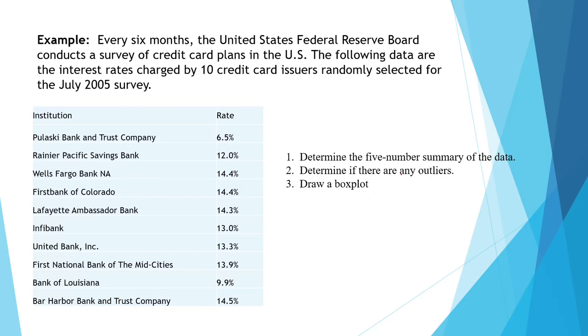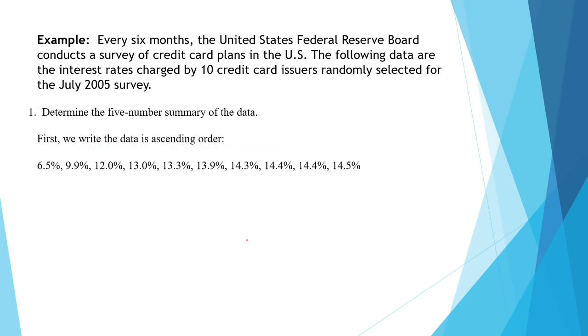The first thing we need to do to find the 5-number summary is to arrange our data values from smallest to biggest, and we will do that first. I have arranged the data values from smallest to biggest. We have 6.5% all the way up to the highest, 14.5%.